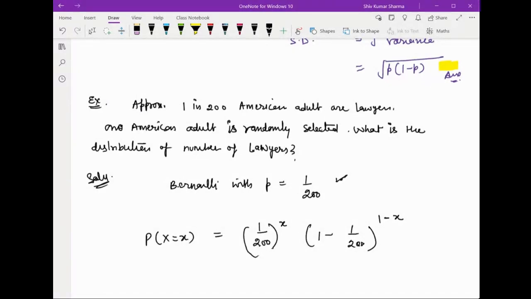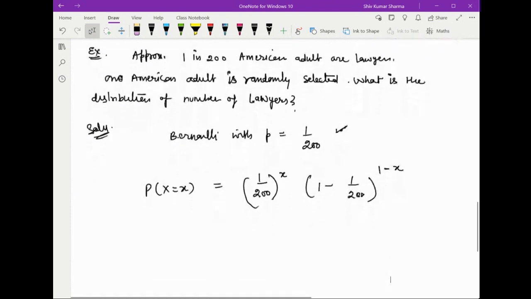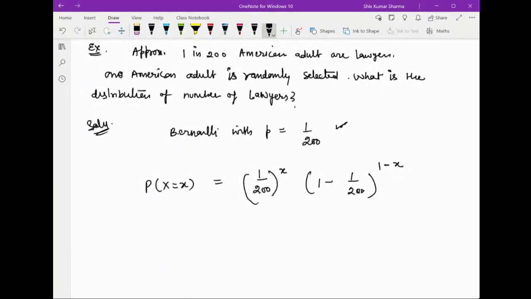So in the Bernoulli distribution, we write X equal to 0 or 1. So probability X equal to 1 is surely success. This is the Bernoulli distribution. When you put X equal to 1, it gives us 1 upon 200.